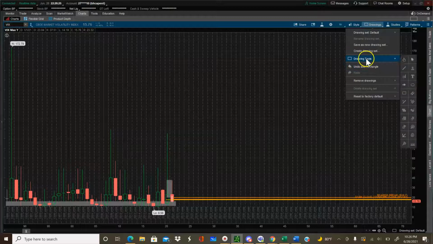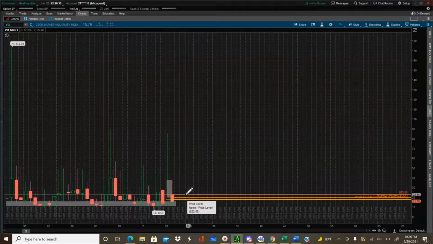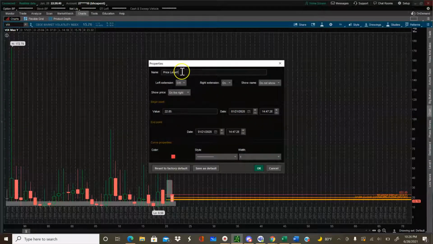And I really don't want to have my chart look too messy, but I'm just going to do it for now. Let's see, 22.75. So we'll go to edit. Do white this time.